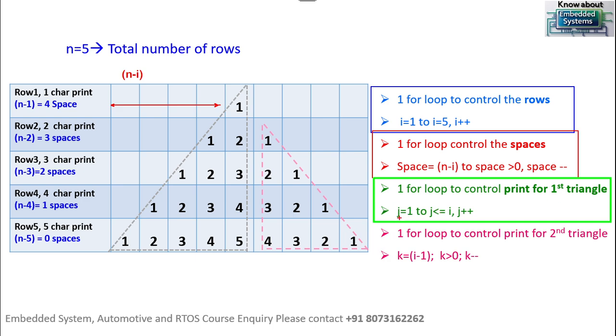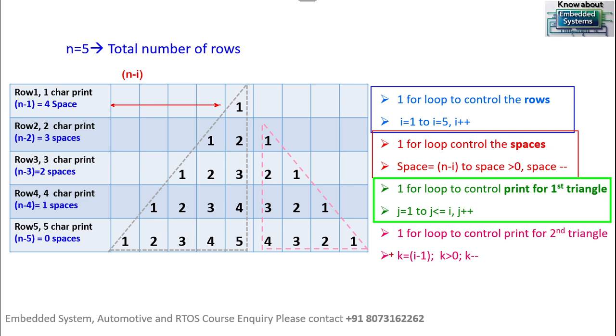That is nothing but j here. j should start from 1, because you can see the count print will start from 1, so that's why initialization will be done for j is equal to 1, and it should be less than or equal to the I value. So that means in the first row 1 character, in the second row 2 characters, and it goes on like that. j should be less than or equal to I. So that is the condition, and j plus plus.